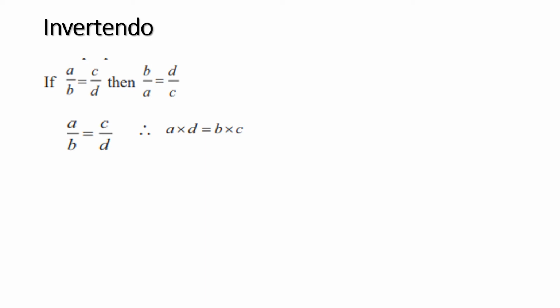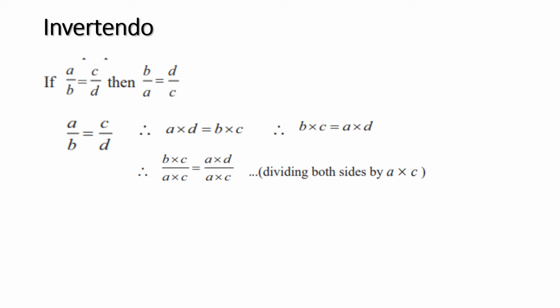A into D means here is the numerator of first and D is the denominator of the second. So A into D is equal to B into C. So here is B into C. That is B into C is equal to A into D. Now dividing both sides by A into C. So we get, CC will get cancelled and AA will get cancelled.